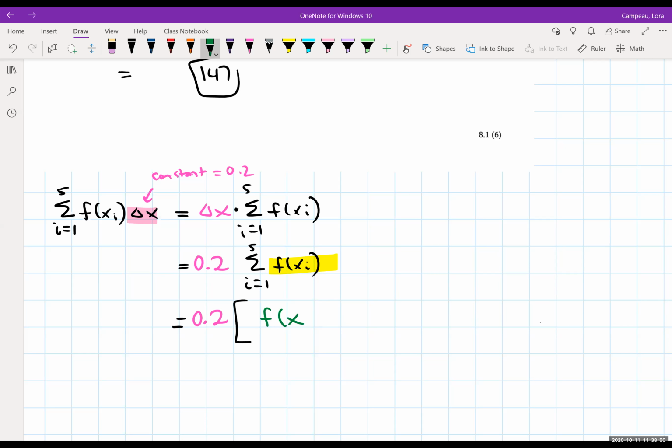So f of x of i, starting off with 1, that'll be added to f of x sub 2, added to f of x sub 3. How many more do we have to go? Just 5? Thank goodness. So f of x sub 4, all it is is a counter. Who doesn't love counting? F of x sub 5.